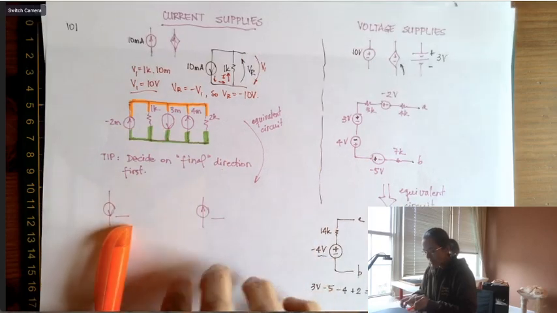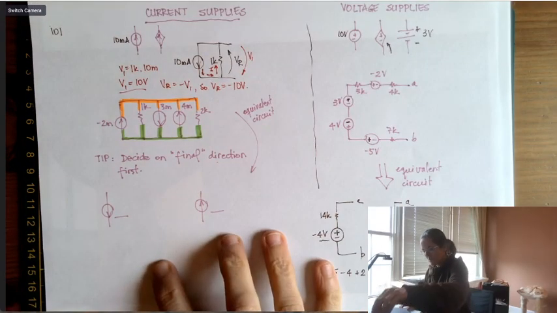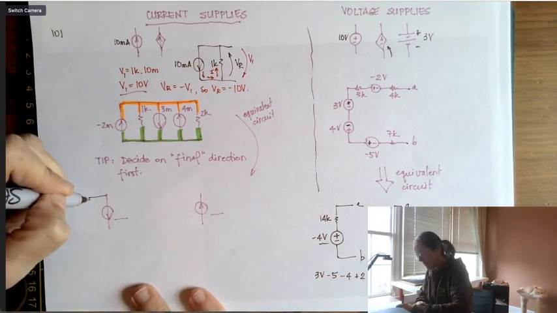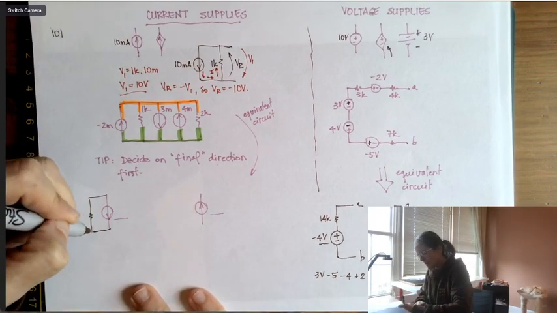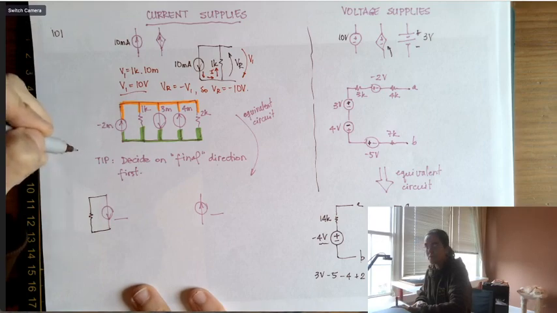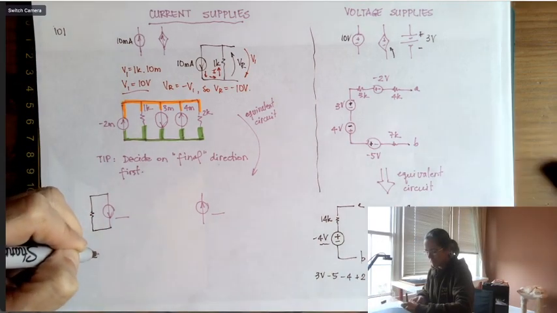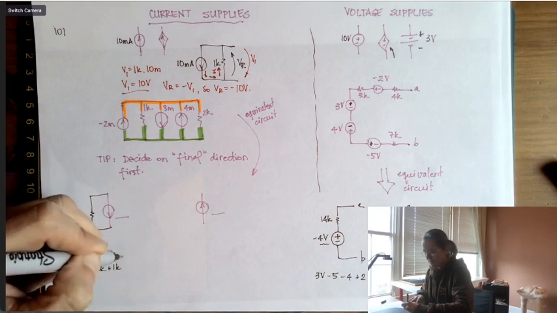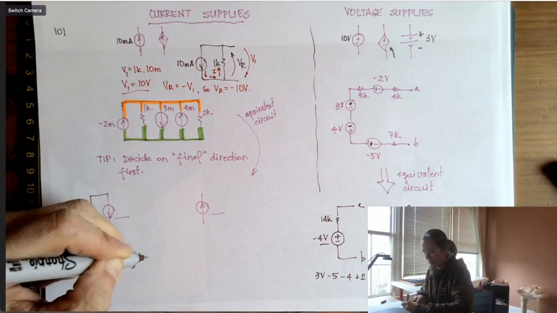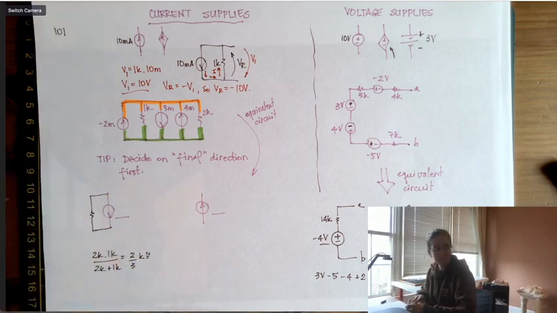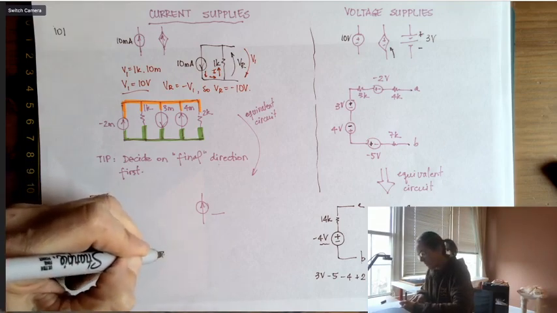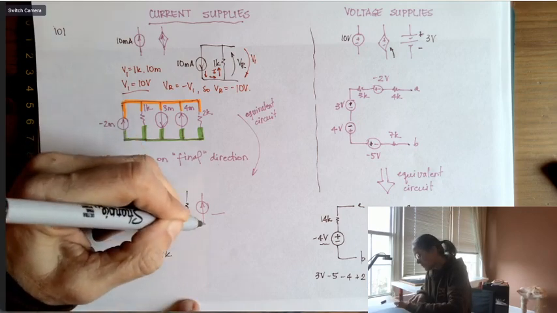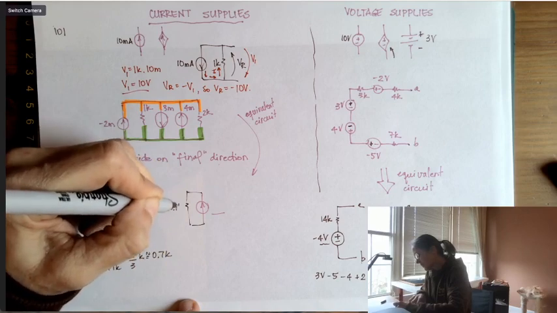So I'm going to say that the equivalent circuit, which I'm going to draw here, will have a 2K in parallel with a 1K, and 2K times 1K divided by 2K plus 1K is 2/3 of a K, which is 0.7K. So I'm going to call this 0.7K, and this will also be here.